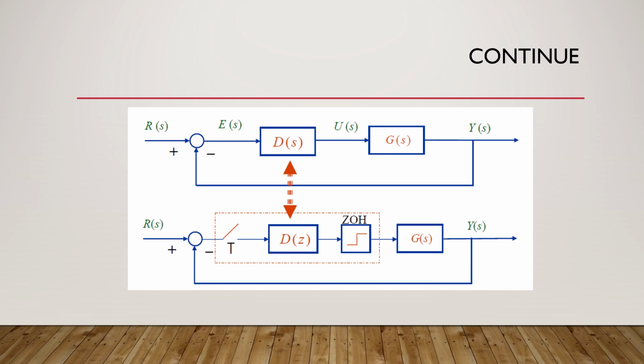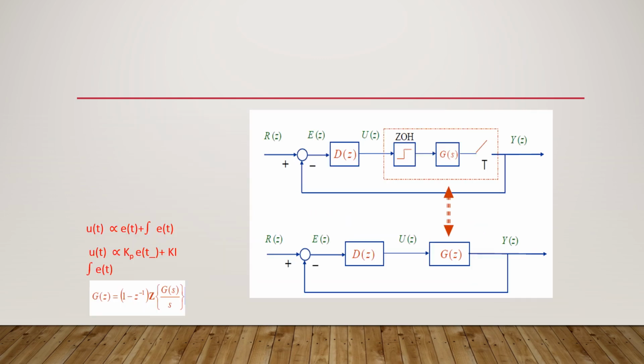This design works very well if we use an efficient sampling time period, which is T. Similarly, one could discretize the plant first to obtain a sampled data system or discrete time system, and then apply the digital control system technique to design our digital controller.